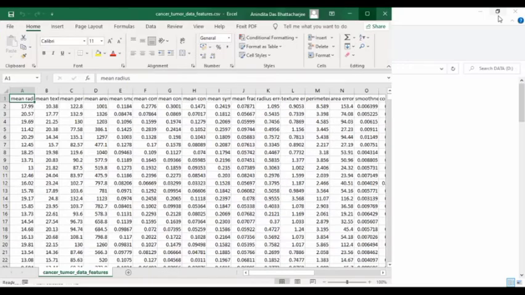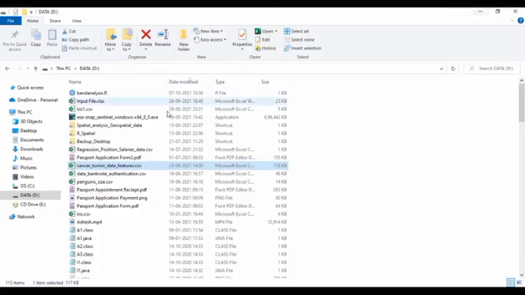I think this dataset is visible to you. So I want to open another dataset.